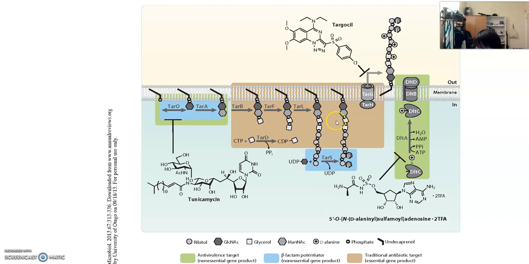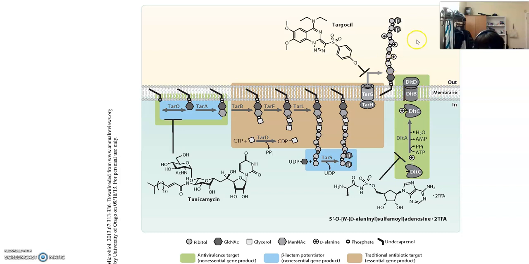After these are all added, it's going to be flipped into the outer leaflet of the membrane by the TarG, TarH complex, or TagGH complex for short, using ATP hydrolysis. It doesn't show us here, but you need to use ATP to flip this into the outer leaflet of the membrane.